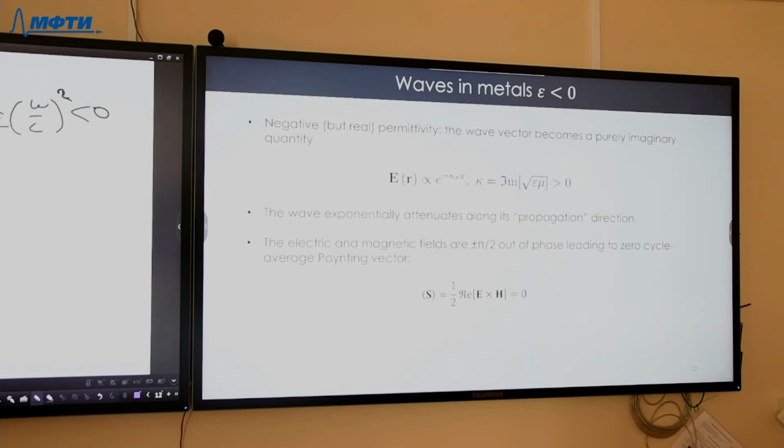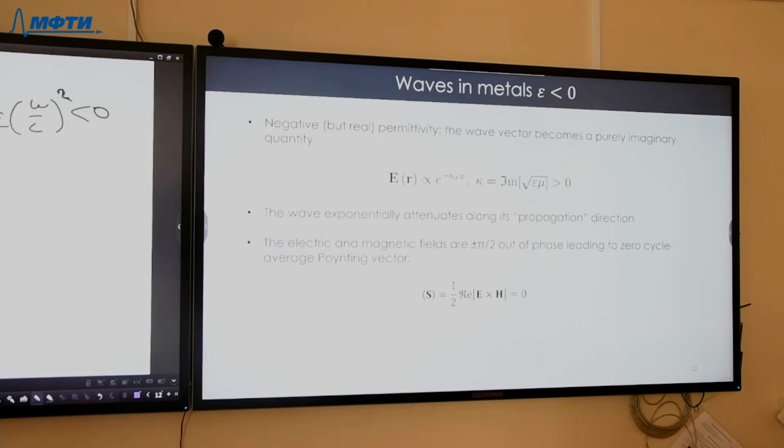So when a plane wave hits a medium with negative permittivity, it cannot transfer energy to the other side. That's only true for a single wave. This is not true for a superposition of waves. So far we're dealing with a single wave propagating through a medium with negative permittivity.